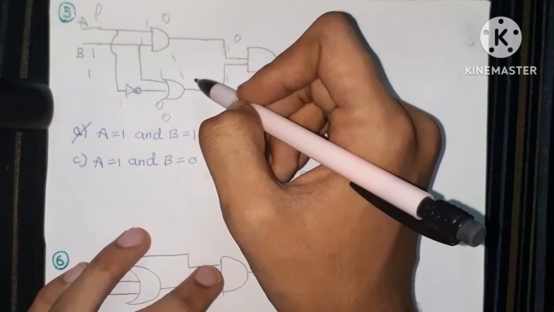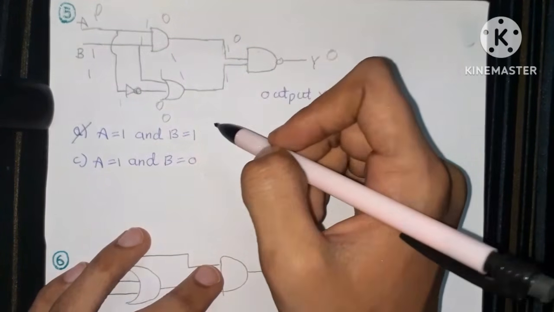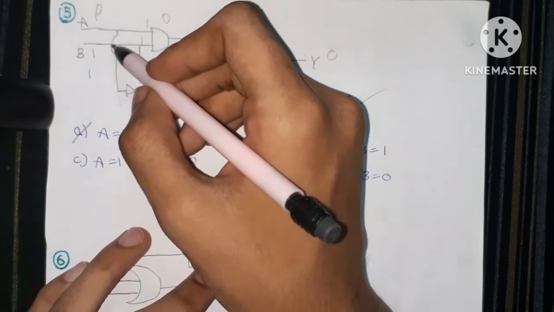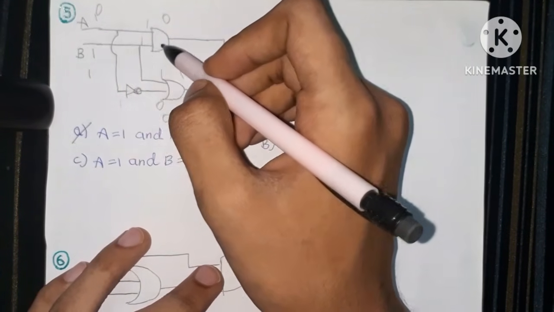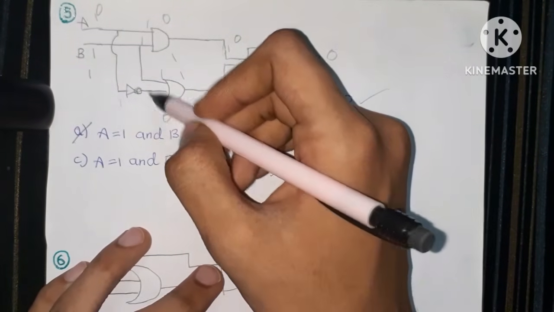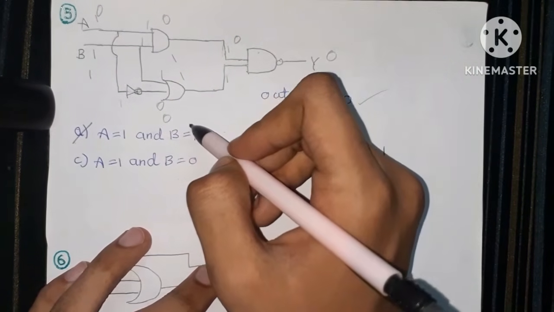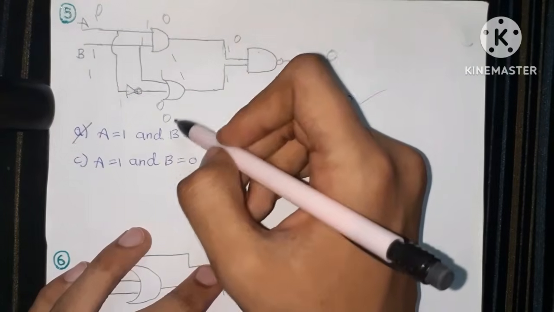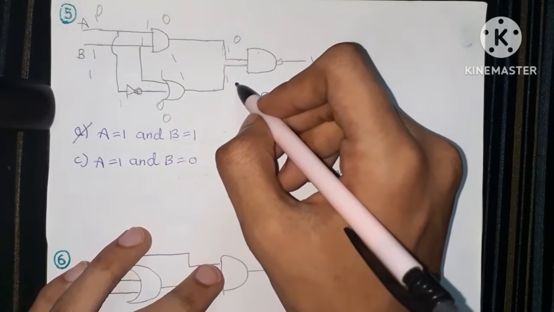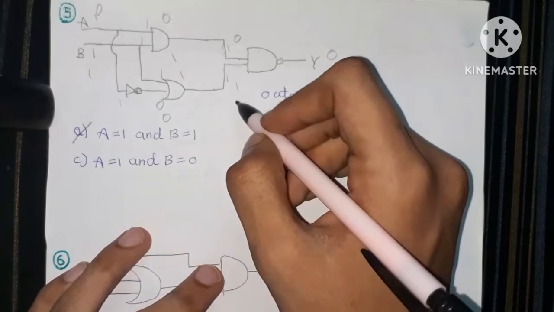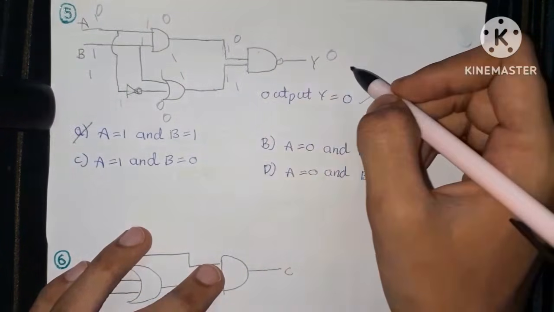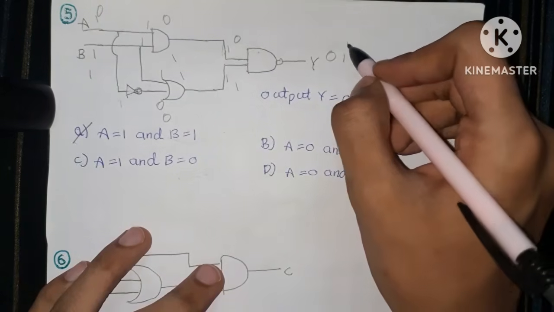Next we are having 1 and 0 here again. Sorry, we are having 1 here, right? The 1 will come here and 0. The 1 will transform into 0 and we will get 1 and 0. So we are getting 1 here. 1 and 0 will be 0 for the AND gate, but there is a NOT gate here, so we will get 1 here.